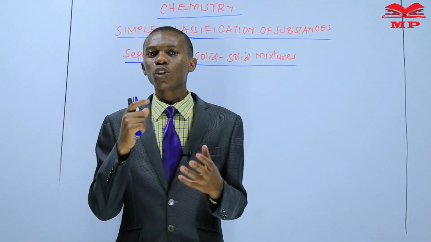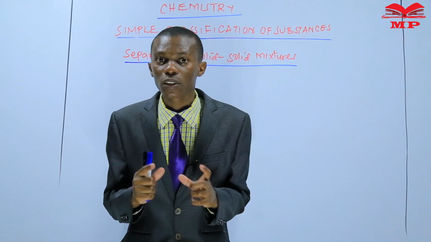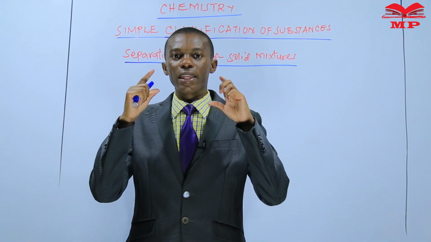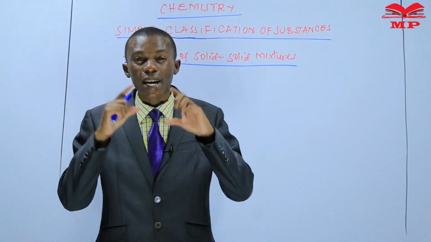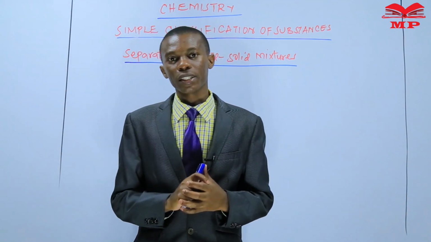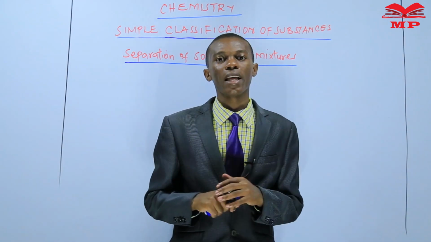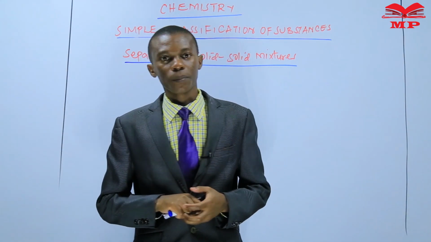Therefore, the choice of method depends on the size of the particles and the characteristics of the individual components forming that mixture. I hope you remember what you learned in primary school.